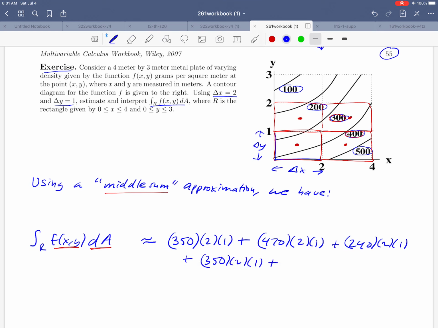You notice that the area of every one of these subrectangles is 2. And there the center point density is maybe about 140. And then finally the last one, if we look at the middle of the last rectangle, that's here, that's really close to 300, so I'm going to take 290 as my estimate of the density.